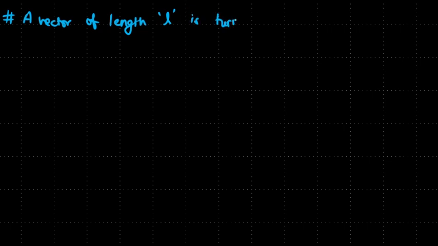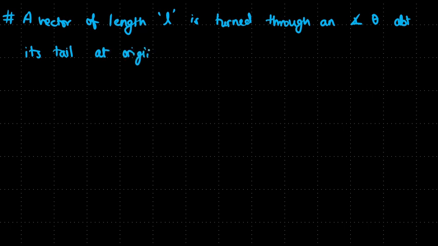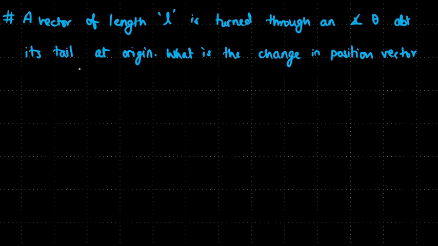It is turned through an angle theta about its tail at origin, full stop. What is the change in position vector of its head?